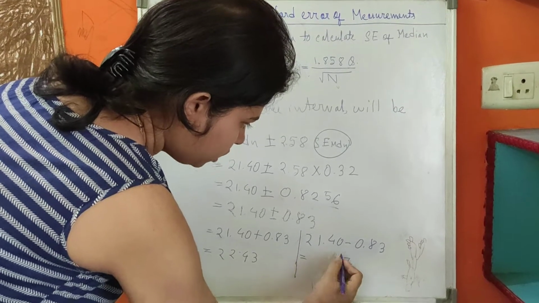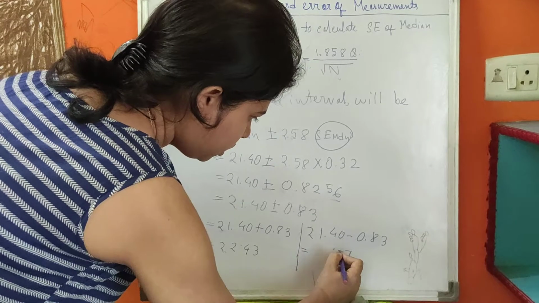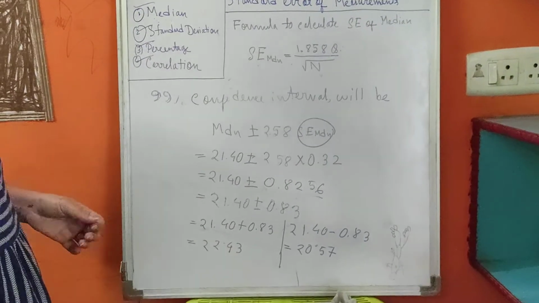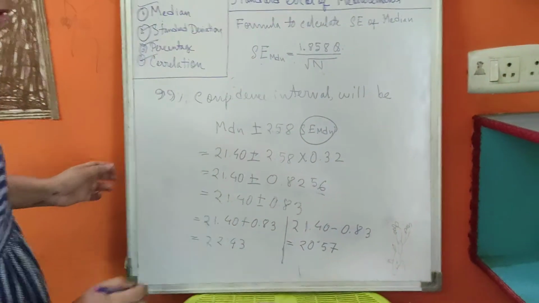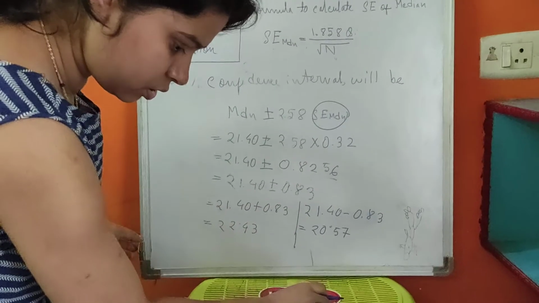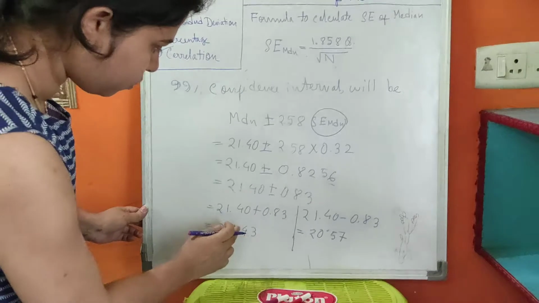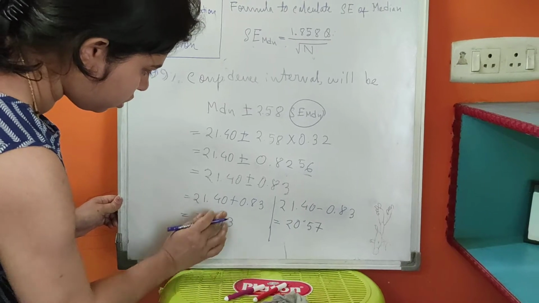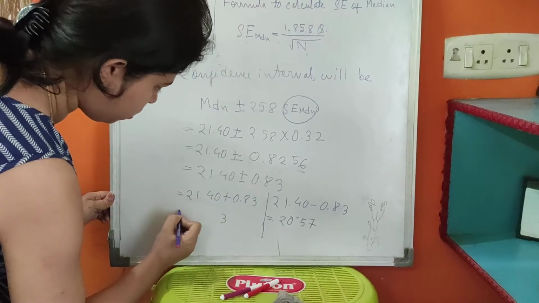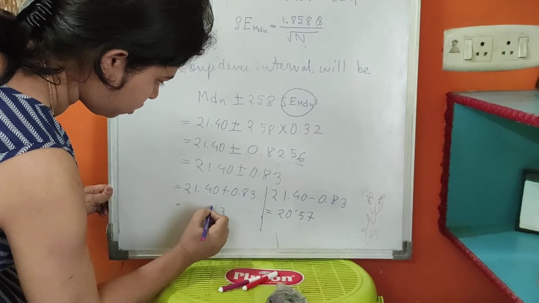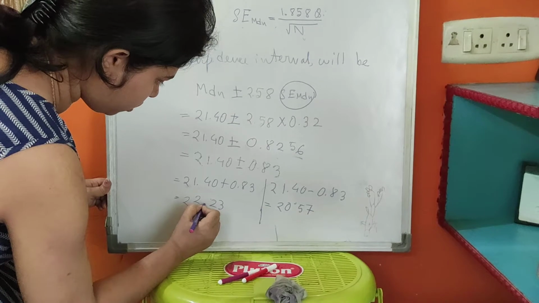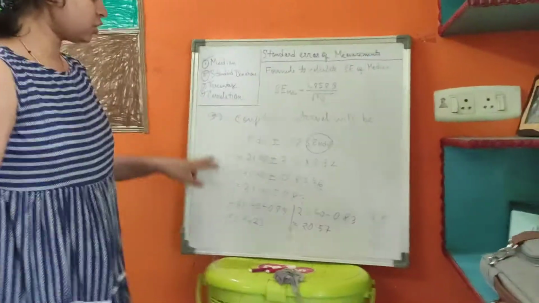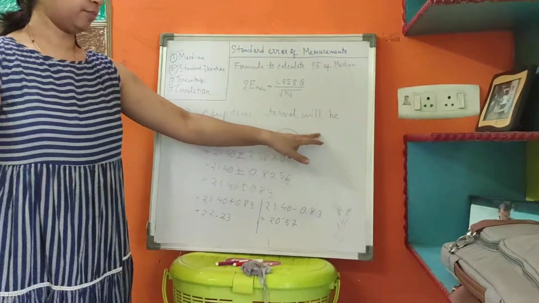So this is 22.23 and 20.57. So this will be the range at 99% confidence interval.